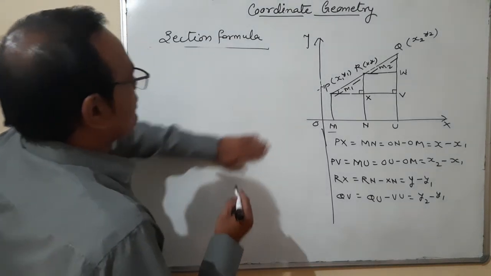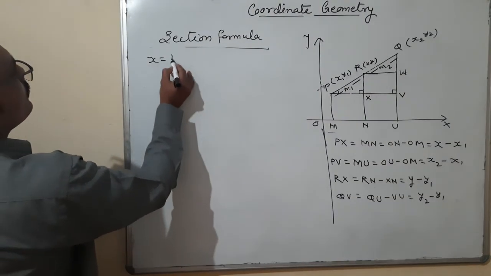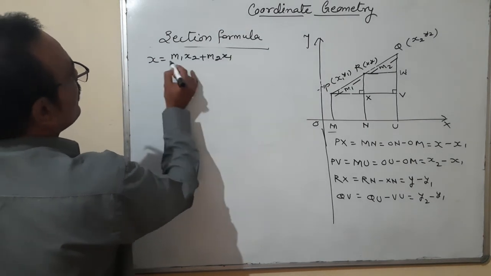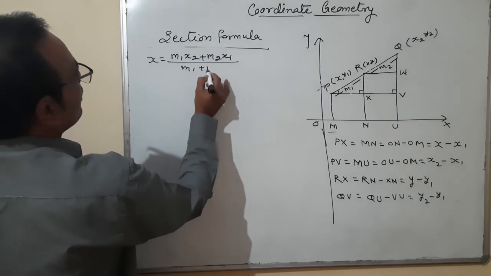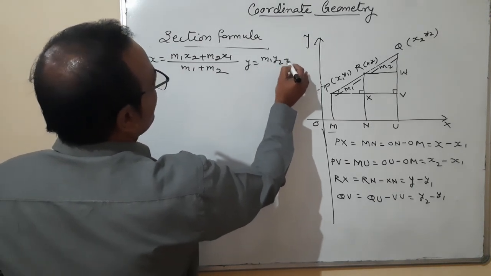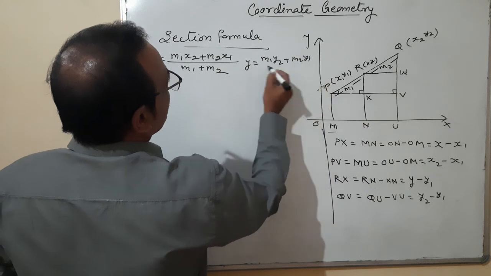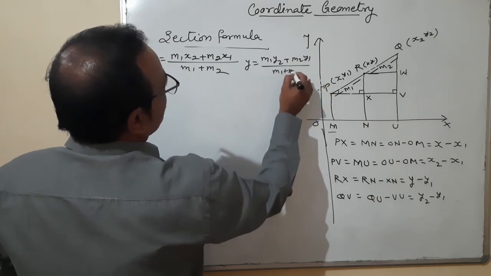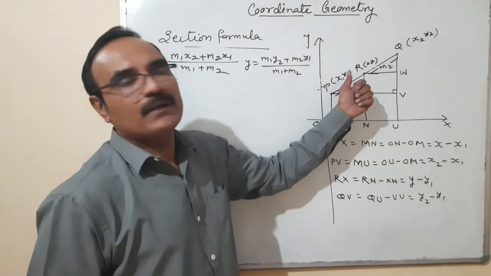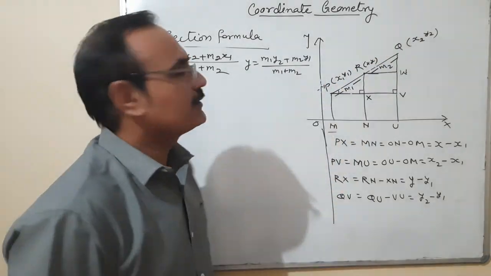The section formula is x is equal to m1 x2 plus m2 x1 upon m1 plus m2, and y is equal to m1 y2 plus m2 y1 upon m1 plus m2. This is the section formula, where R is internal, that means R is in the interior of PQ.